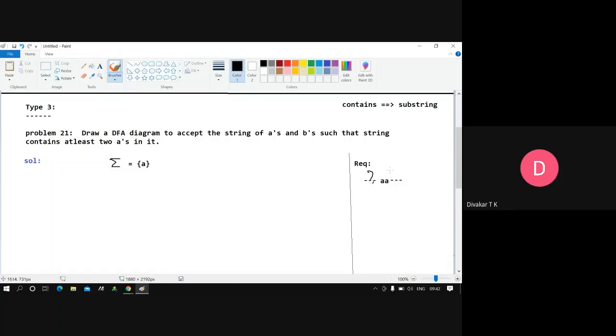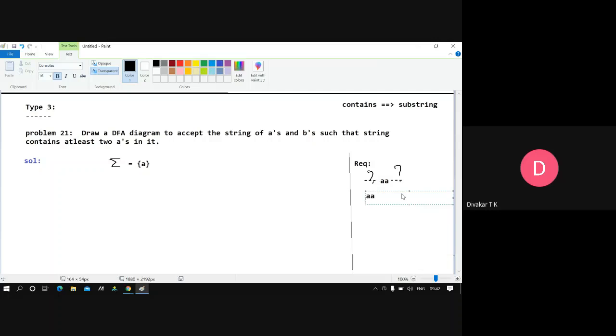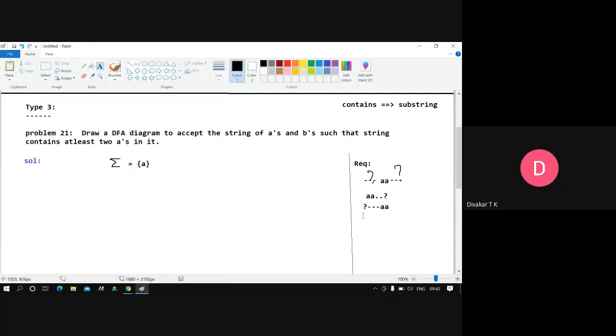So I'll write the question mark here. Two A's should be there. Starting it may be anything, ending it may be anything. Or starting with two A's, then anything. I'll write a question mark. Ending it may be anything here. Or starting it may be anything, or ending it should be A. Any pattern may be there.